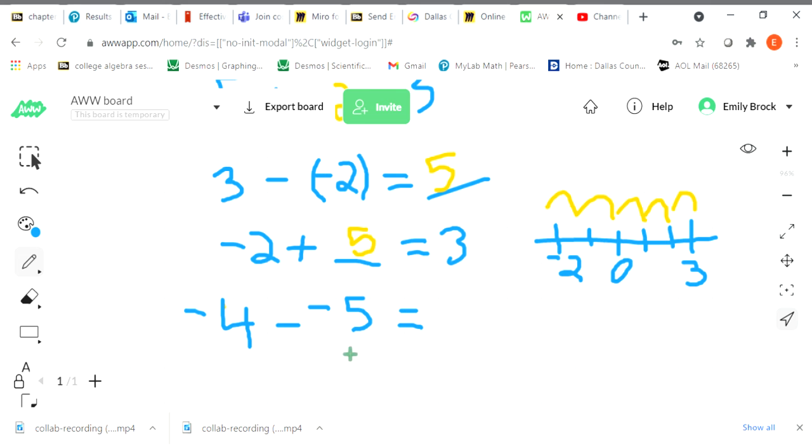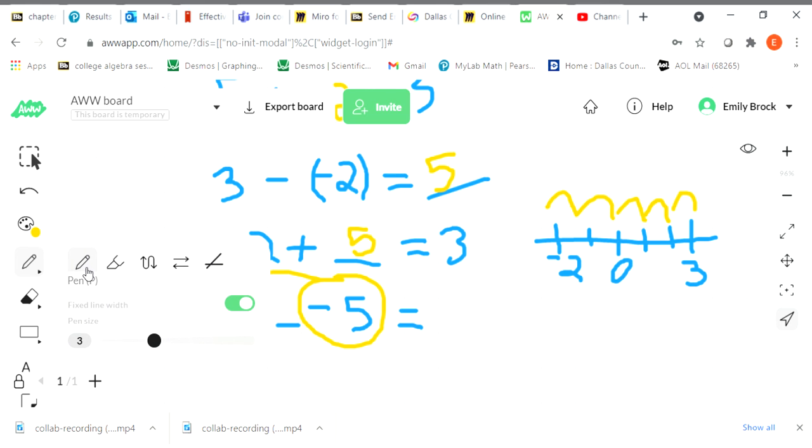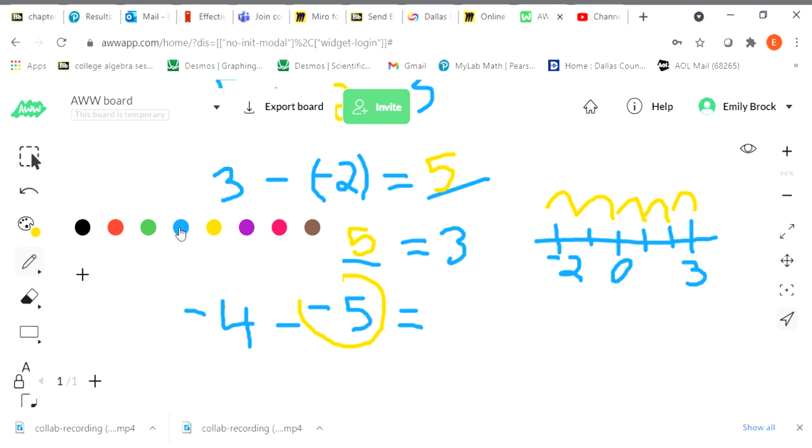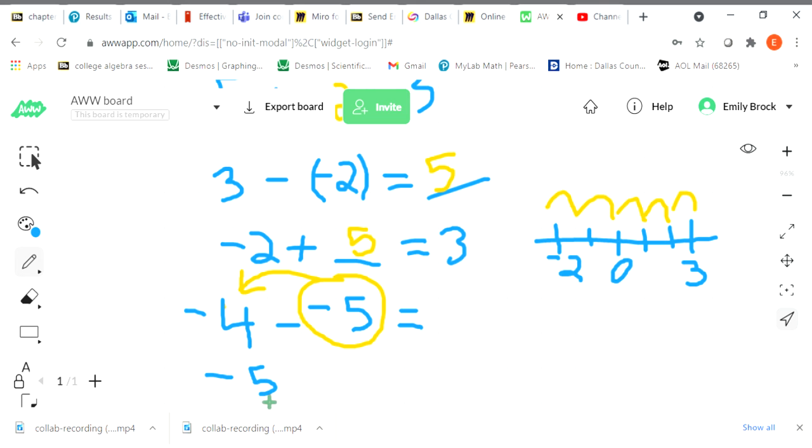So what we're saying is, starting at negative 5, what would have to be added to negative 5 to get to negative 4? That's our missing addend, because what we're doing is we want to find out what is added. So our equation would be negative 5 plus what equals negative 4.